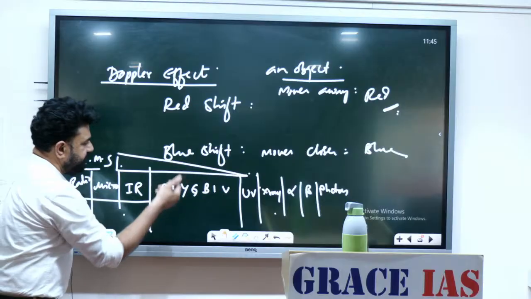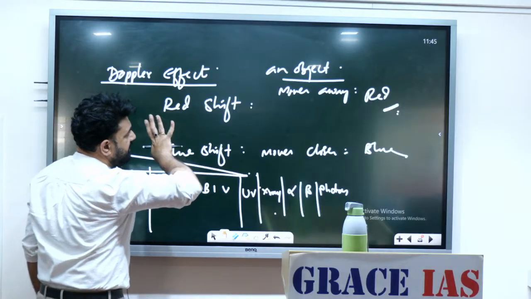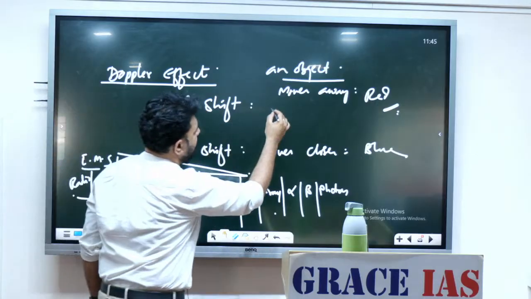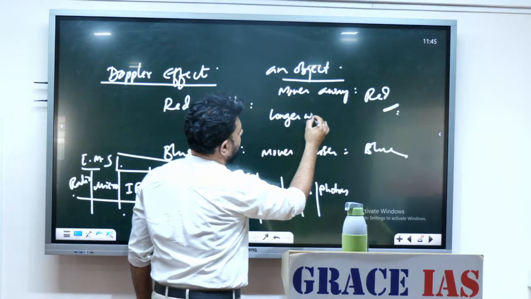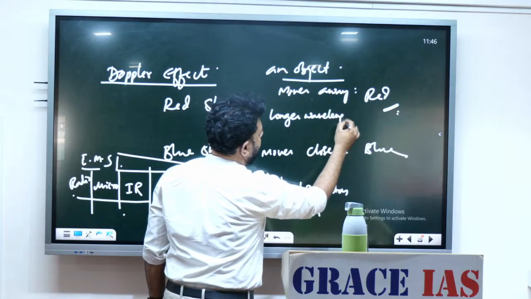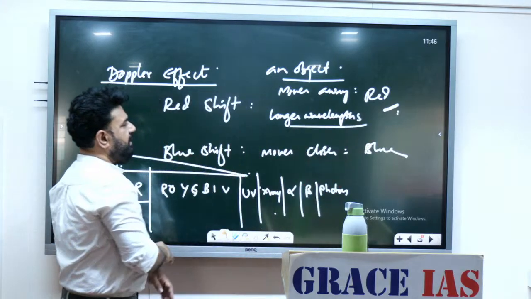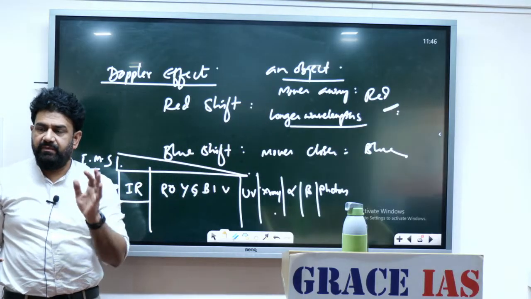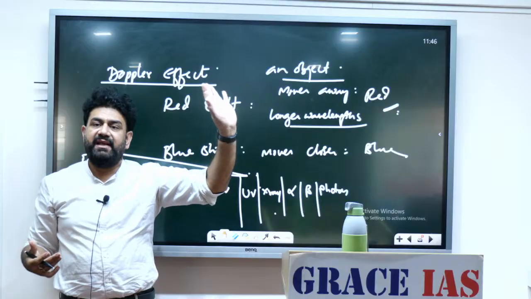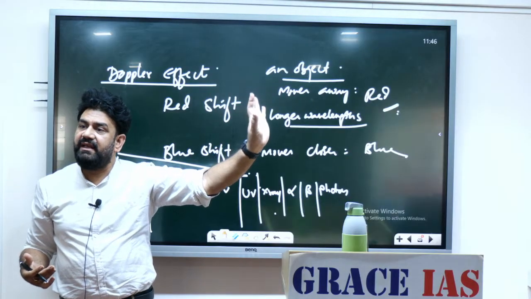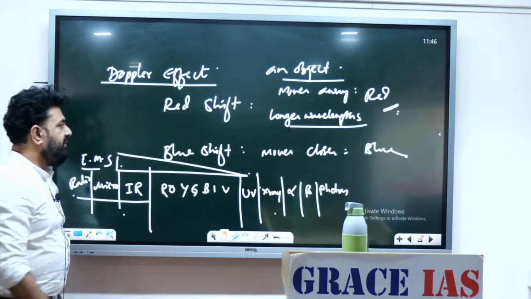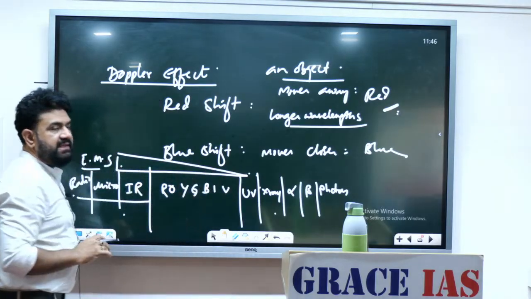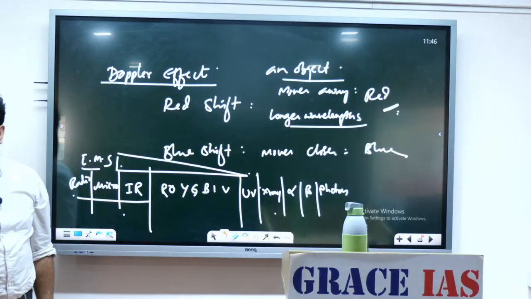So when we say when an object moves away, it appears red, it means higher, longer wavelengths. When objects are moving away, they release long wavelength energy. When objects move closer to the observer, they release short wavelength energy.